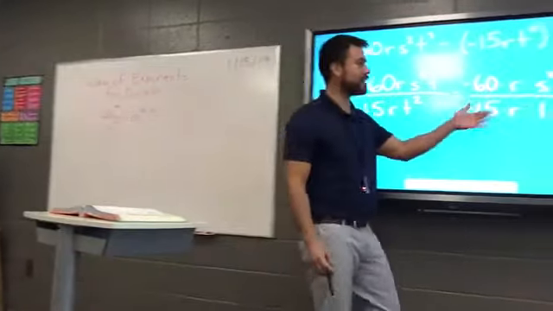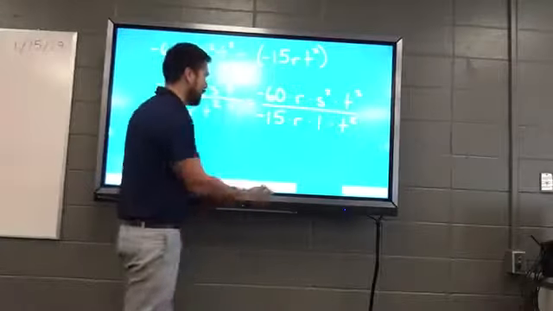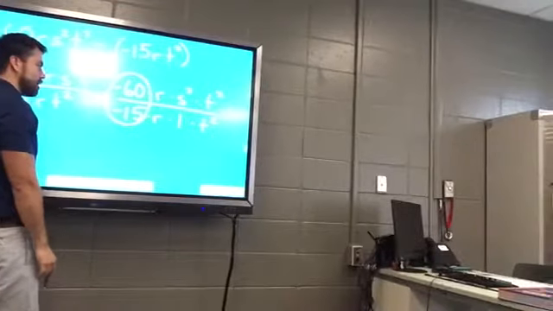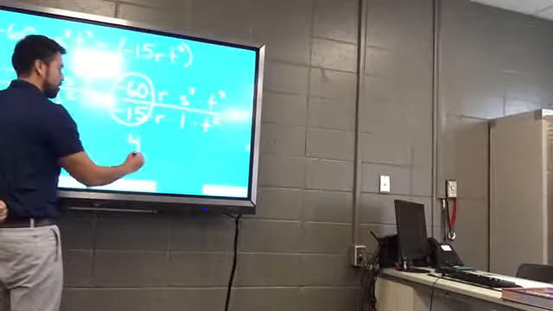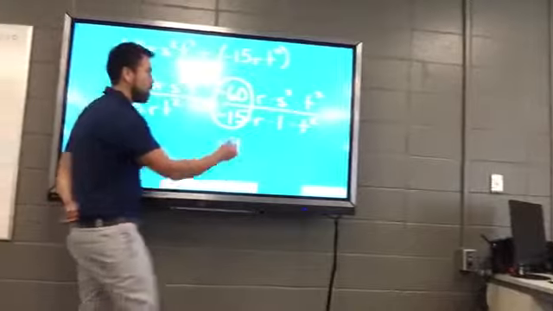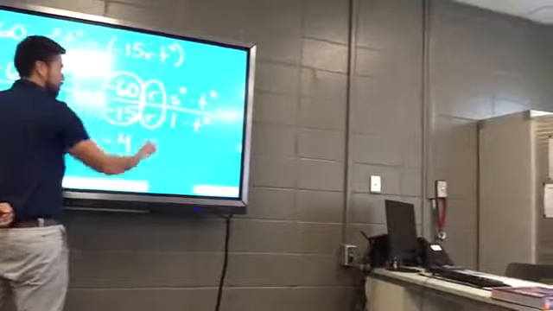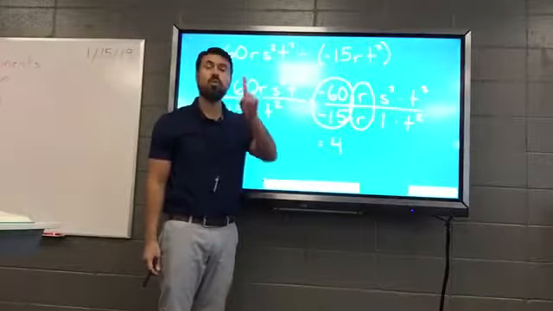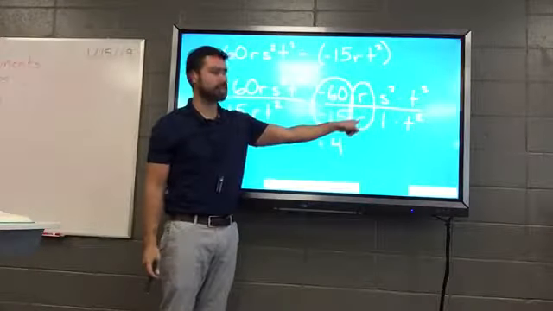And you're like, okay, yes, you could put a 1, but why would you put a 1? All right. Can I deal with this? What's negative 60 divided by negative 15? Positive 4. All right, what's r divided by r? Cancel out, but what does it actually equal? 1. What's any number over itself? 1.